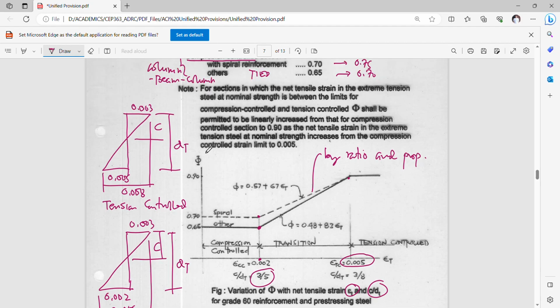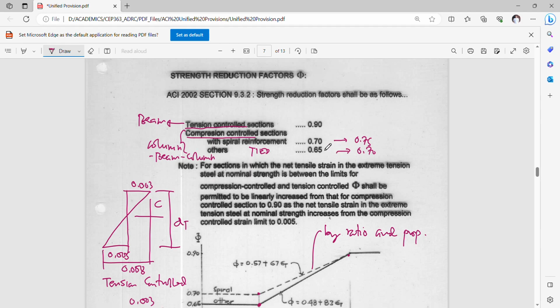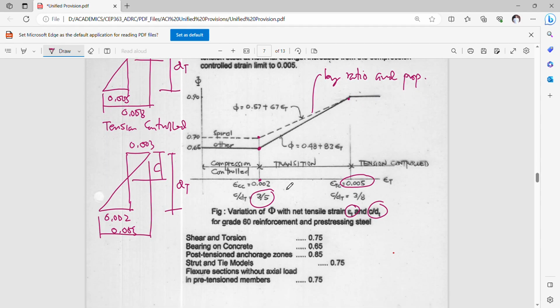Okay, so take note, it's now 0.70 and 0.65, so this is 0.70 and 0.65 here. So if you want to get the value of phi somewhere in between these two values, you just make use of this triangle here, and maybe a triangle here. Okay, so this corresponds to your epsilon t.